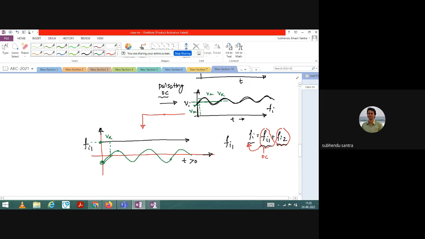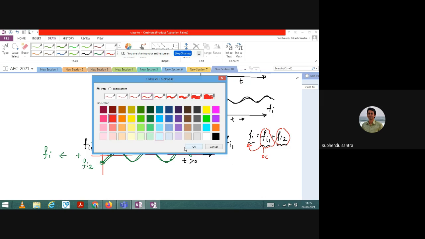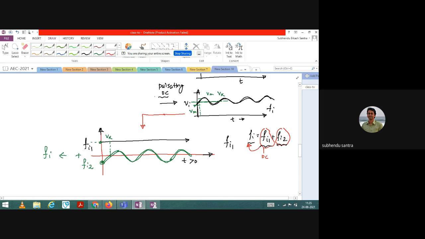Okay, so this one is the ripple content which is present inside the DC. This is the other function, which is Fi2. If you add them together, you will get Fi. Now what is the meaning? The meaning is that this pulsating DC signal has two components.